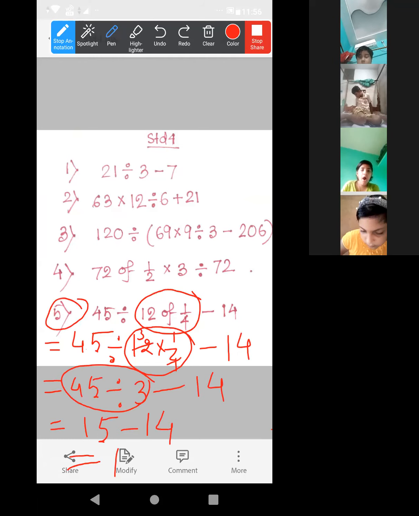The fifth one. This type of fraction sum basically will not come in exam. Don't worry. But maybe one easy fraction will come. Shirin beta, understood?